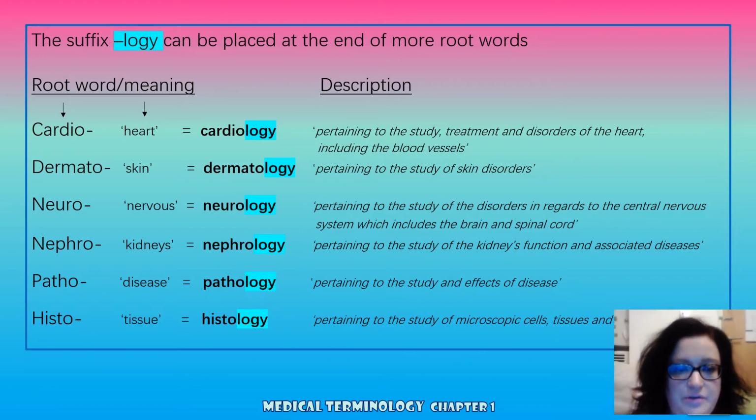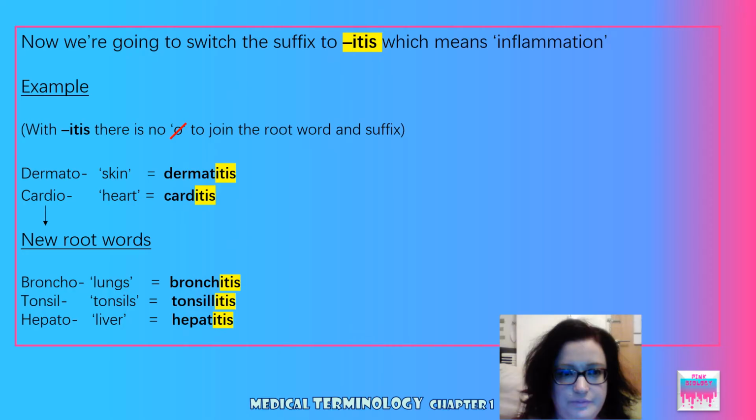So histo means tissue, so that could be microscopic cells, and organs, so parts of tissue samples that have been taken and looked at in a scientific way to see if they can discover any information.